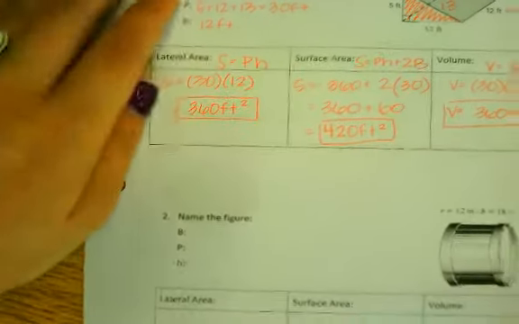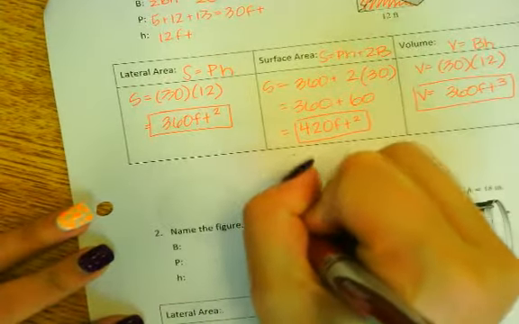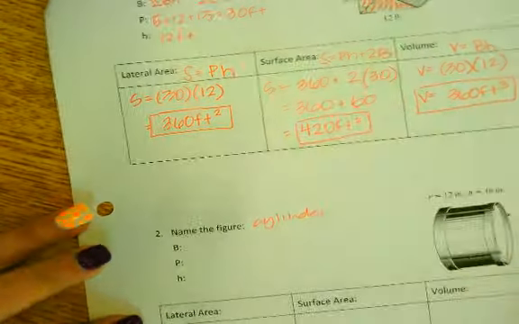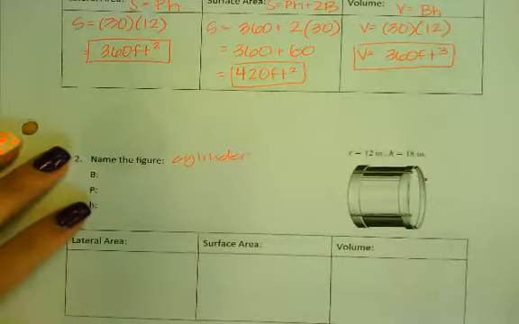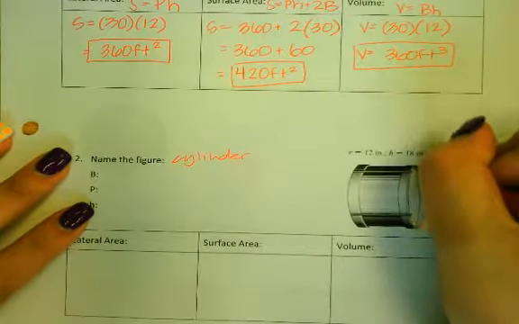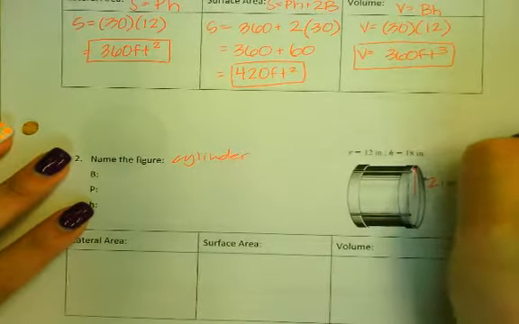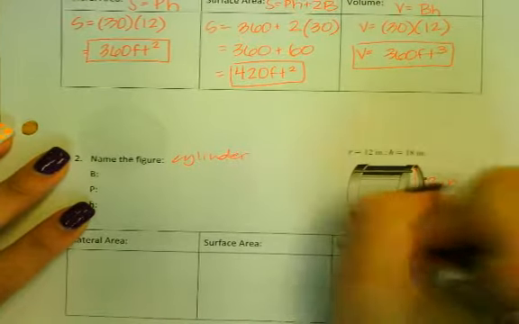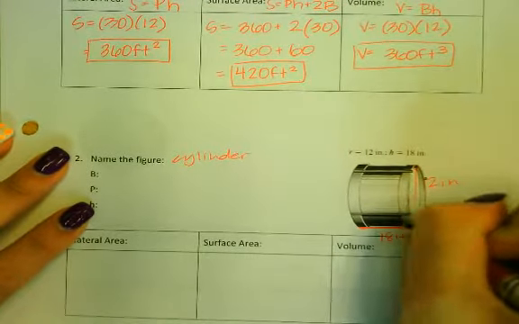Okay, what do we have in number 2? A cylinder. Okay, you have a radius of 12 inches and a height of 18 inches. Okay, so it already gave us our height.